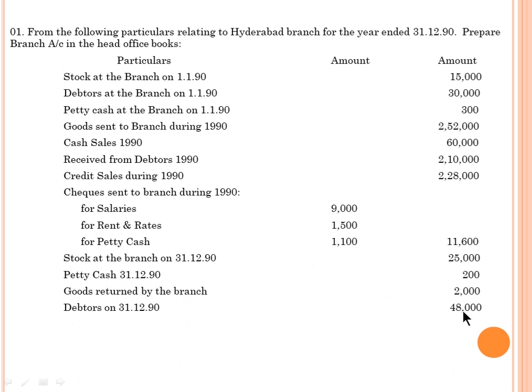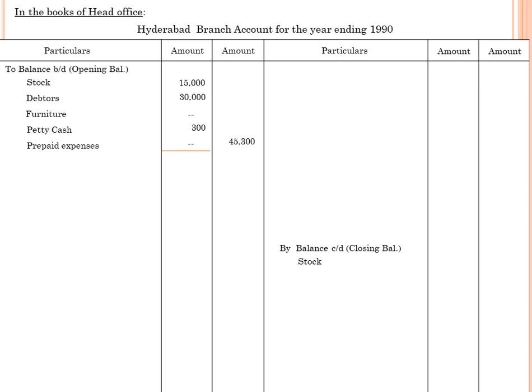Now we move on to the branch account by balance carried down one by one. Stock 25,000, debtors 48,000, furniture we don't have any value, petty cash 200 and prepaid expenses we don't have any value, and find the total. Put the outer column 73,200.